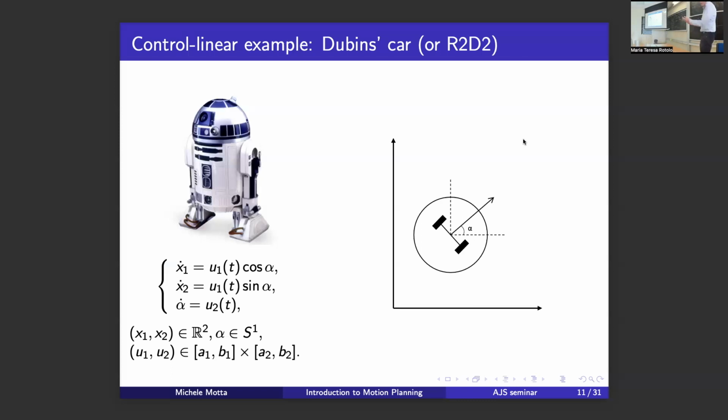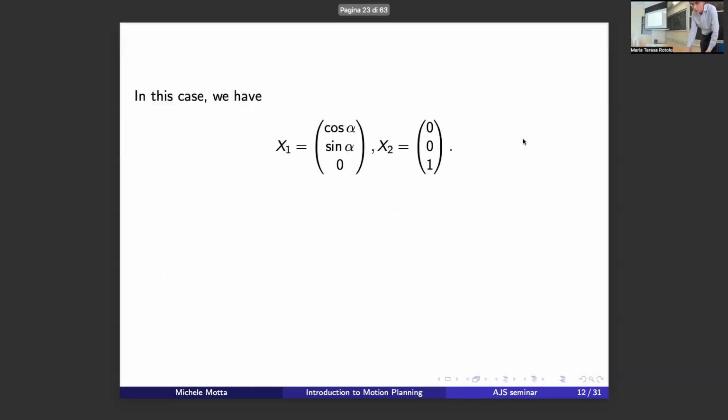So this system is clearly controllable, despite the fact that you cannot move in any direction. At each point you have just, let's say, a two-dimensional space of admissible directions.